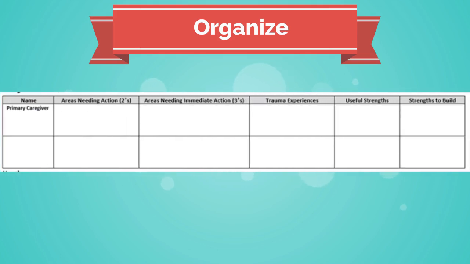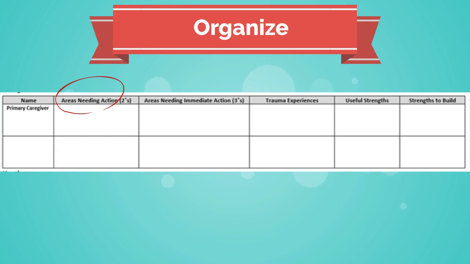For the primary caregiver and for the completed FAST, we would pull over all the needs and relevant strengths and list them here. You would pull over all areas needing action or 2s from the FAST and list them in this category's box for the primary caregiver.